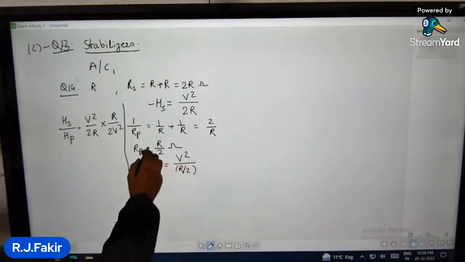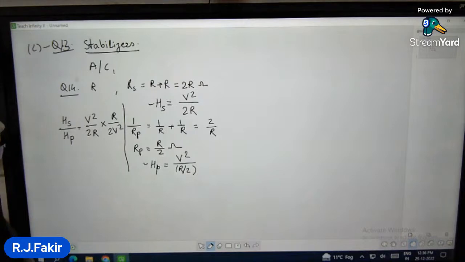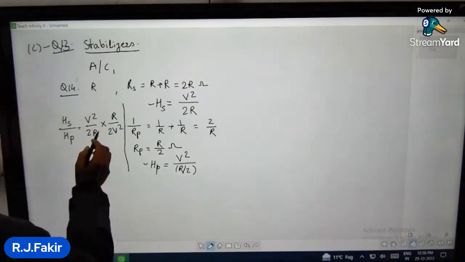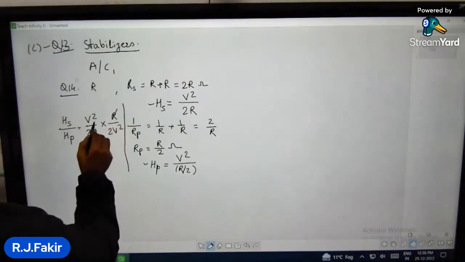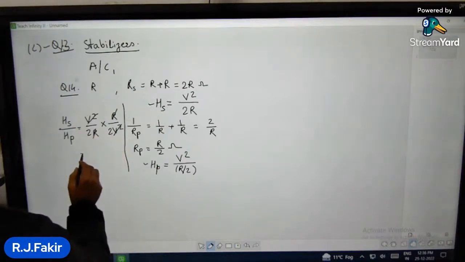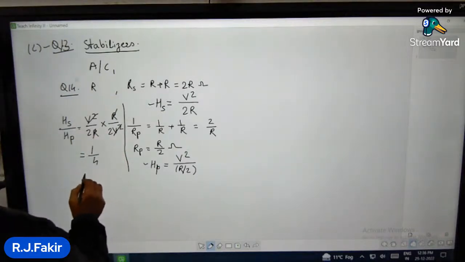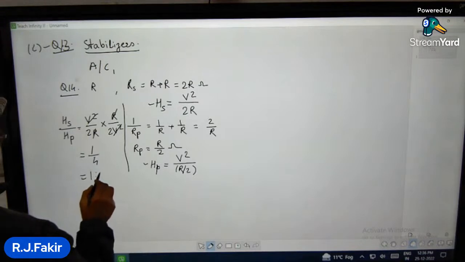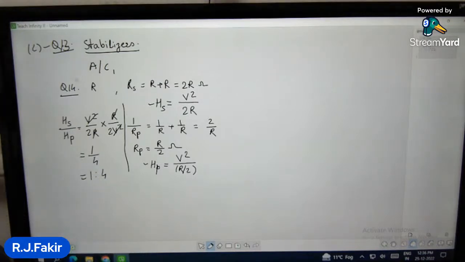The denominator becomes the numerator by that law. So here R and V square are cancelled and it is 1 by 4. So it will be a 1 to 4 ratio. So in question number 14, what is that option? 1 by 4 is option C.